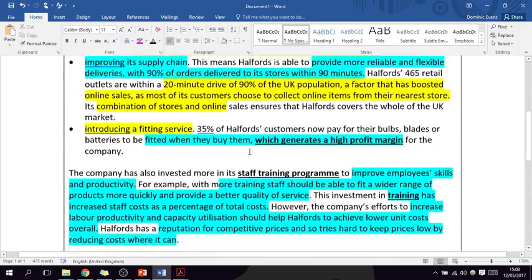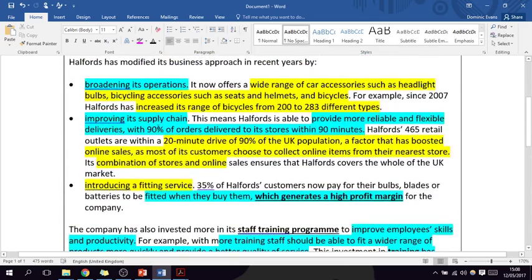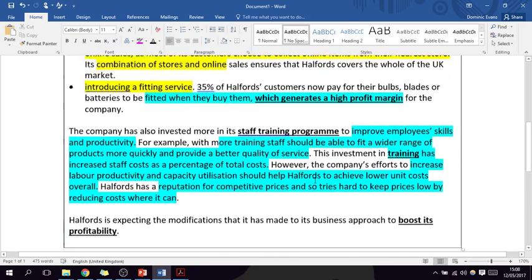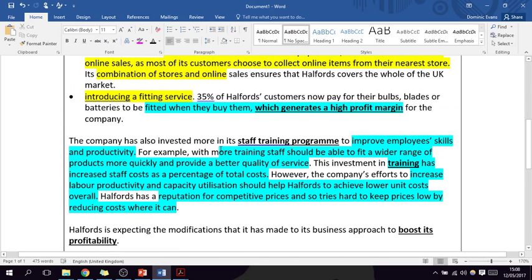Throughout, it talks about the impact of broadening its operations, improving its supply chain. Lots of this is about driving down costs, labour productivity, lower unit costs overall. Staff training has allowed them to fit a wider range of products more quickly, better service. So that's helped to increase their revenue.